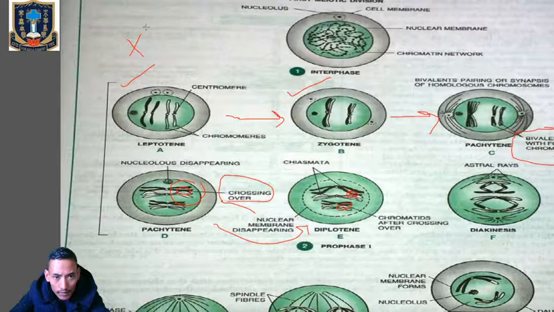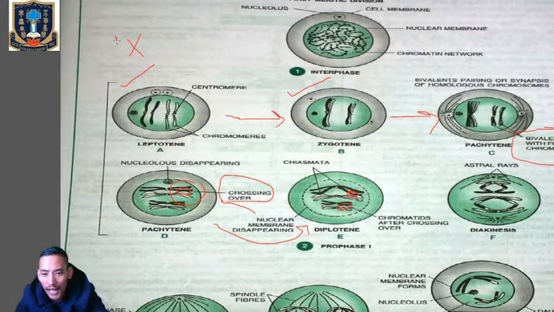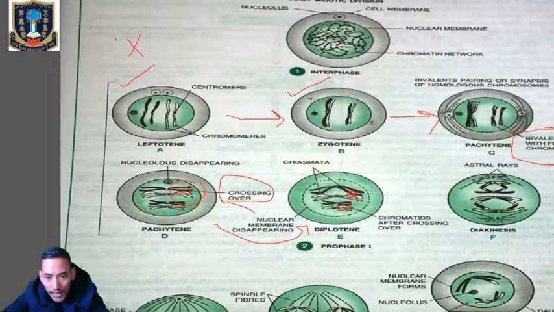This egg-shaped structure is called chiasmata. So here you can see the egg-shaped structure has been created, and this structure is now known as chiasmata.